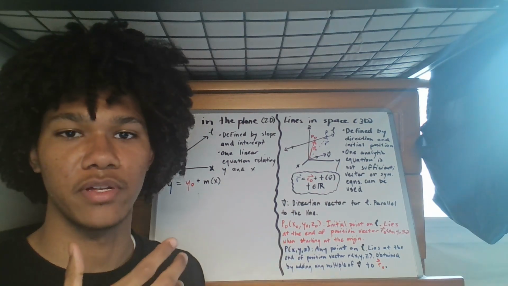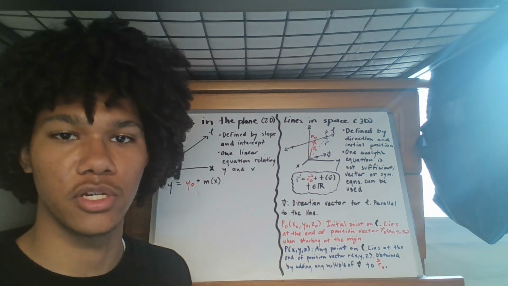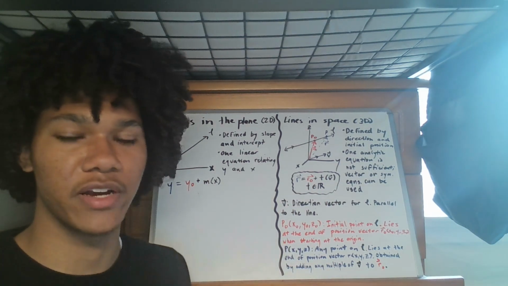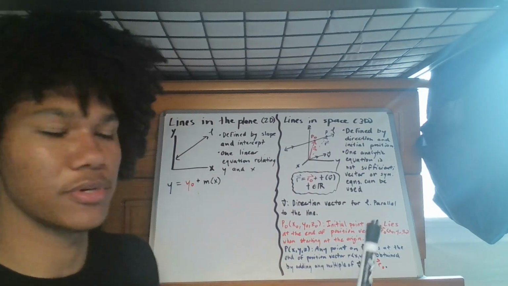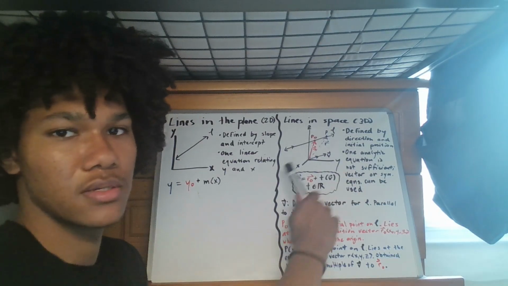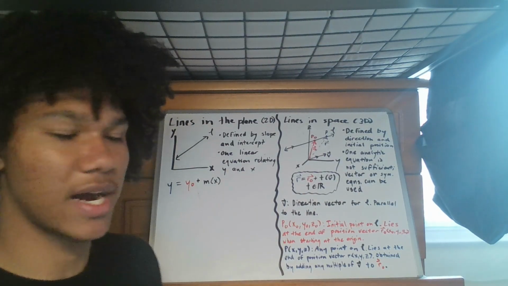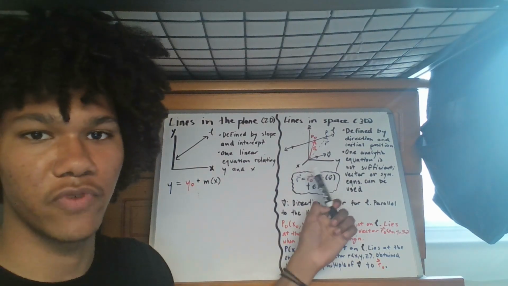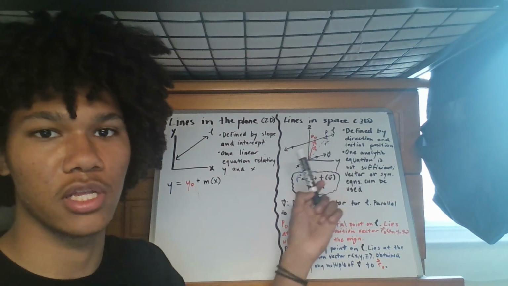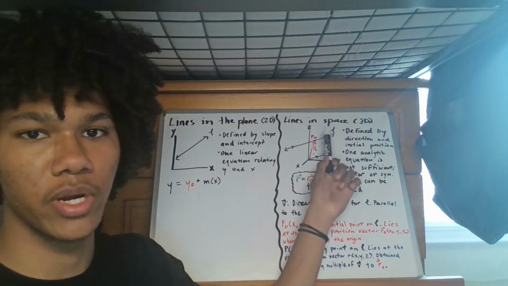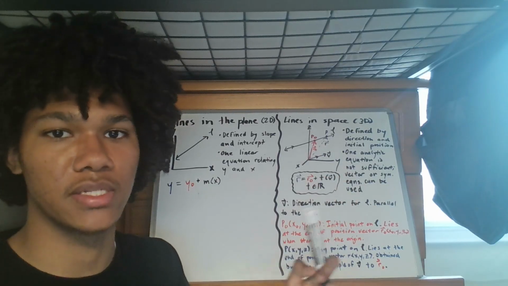So now that we have a direction and an initial position for our line L, we need to find a way to put that together to represent any point on this line. I assign another position vector to represent any arbitrary point on line L, and that's going to be point P with coordinates x, y, and z.